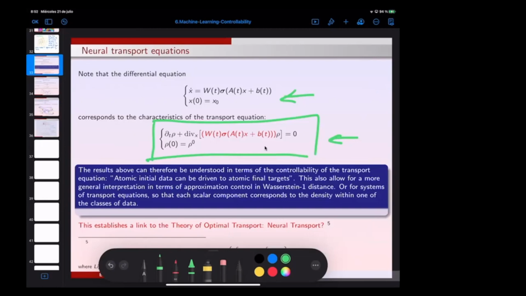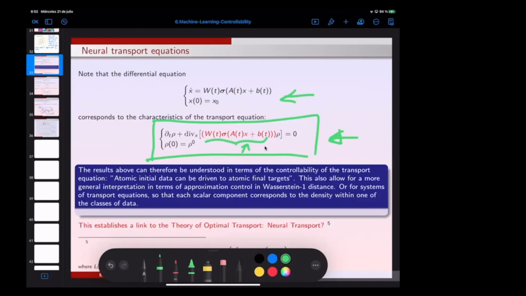And the theorem we have proved allows me to guarantee that if now you give me this kind of neural transport equation, which is a hyperbolic PDE, and you allow me to control this red velocity field, I can transport the mass ρ0 as close as I like to ρ1.